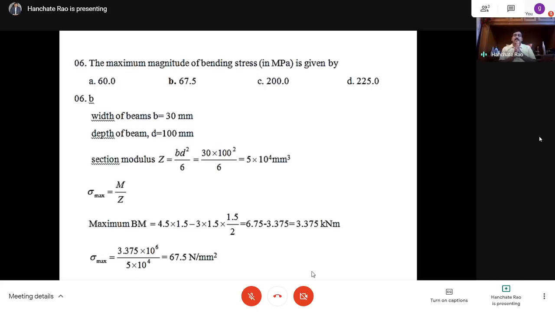In this, we have assumed that plane normal sections before bending remain plane and normal even after bending, which means the strain is proportional to y, the distance from the neutral axis. Neutral axis is the axis where the strain is equal to 0.